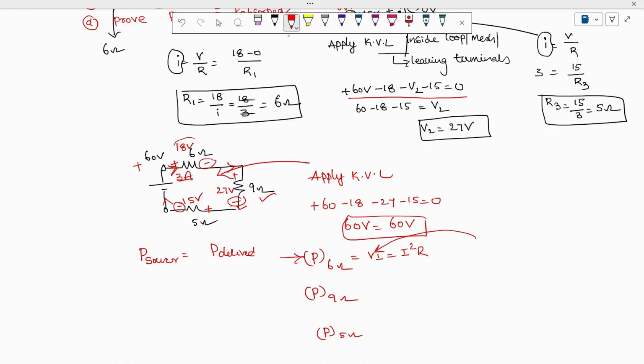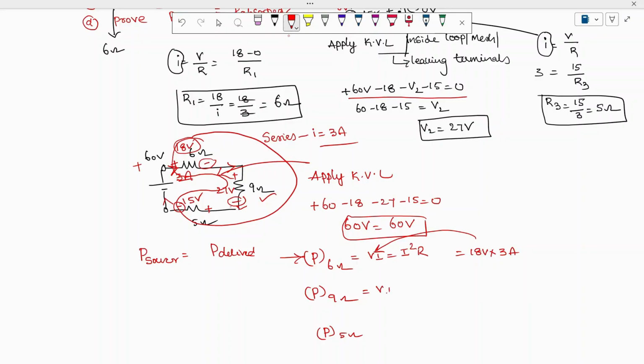So what is the voltage across the 6 ohm? Voltage is 18 volts, current is constant. Why? Because these three are connected in series. You can say 6 ohm, 9 ohm, 5 ohm, all these three resistors are connected in series. That's why the current of 3 amperes is constant.